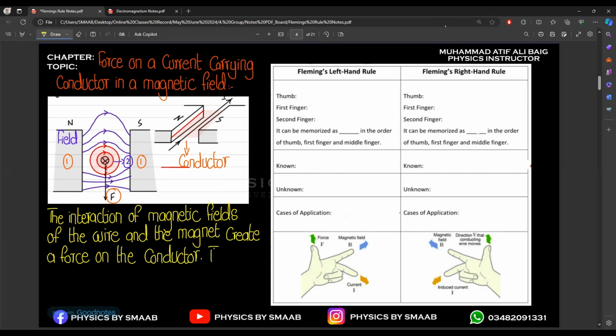And this force is perpendicular to both the direction of electric current and the magnetic field.